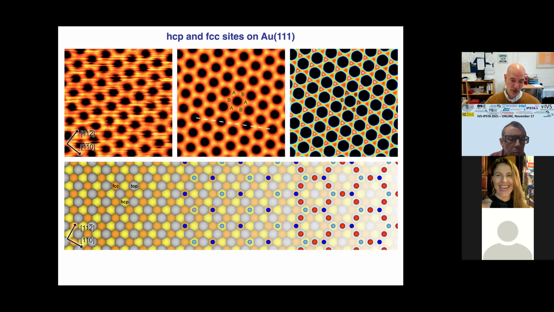The HCP atoms appear slightly higher than the FCC ones by about a picometer, and DFT confirms that. The only way we would ever be able to see those differences is by using this multiple frame averaging to get these incredibly high signal to noise ratio images and a sub-picometer height resolution.